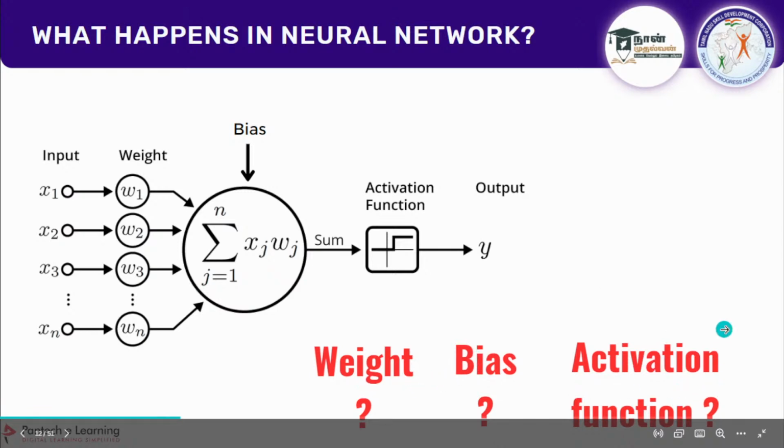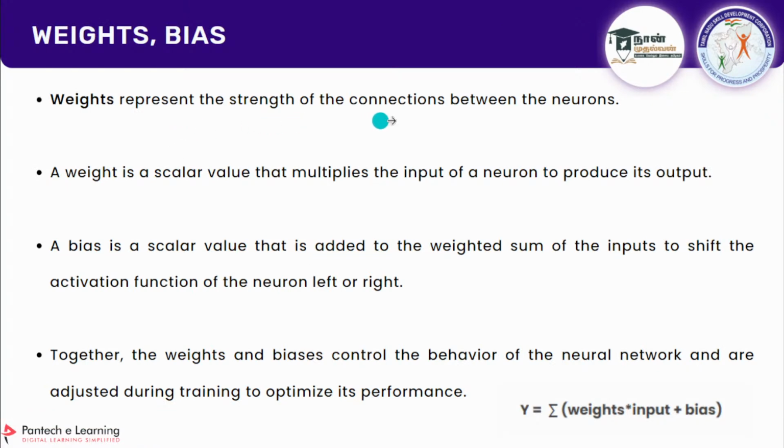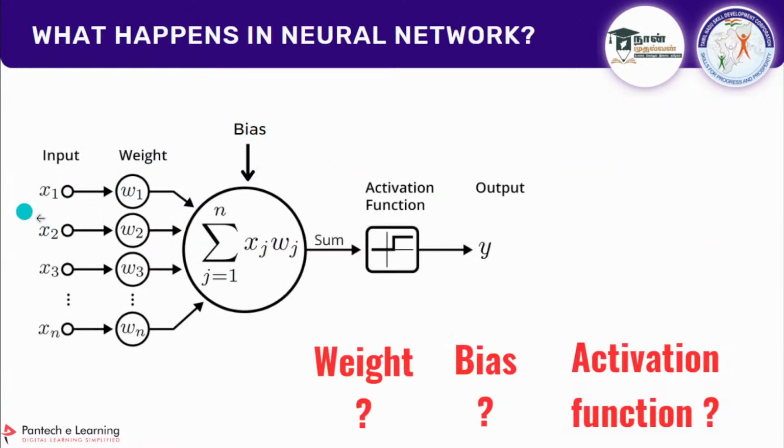Starting with weight. Weight represents the strength of connection between neurons. Weight is a scalar value that multiplies the input of a neuron to produce its output. For example, if you are passing x1 and you want to give it less importance, you can give it 0.5. If you multiply 0.5 with x1, its value will go low.